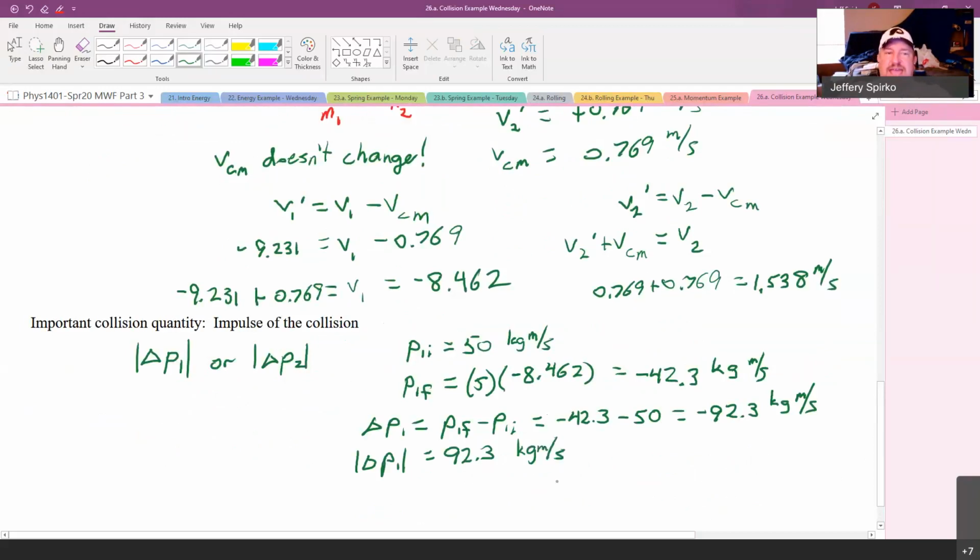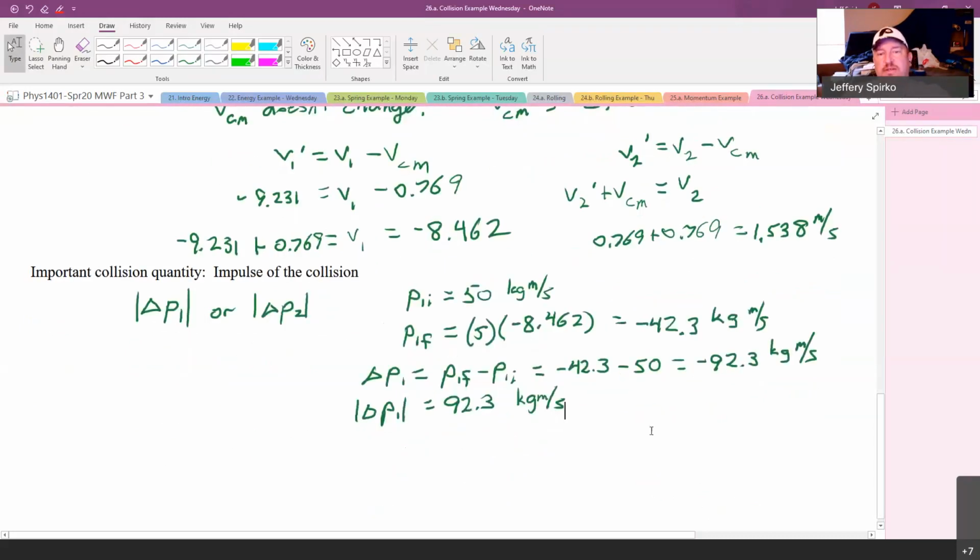That's a measure of how violent the collision is. The more impulse, the more violent the collision is. If we had calculated delta P2, delta P2 is P2 final minus P2 initial.